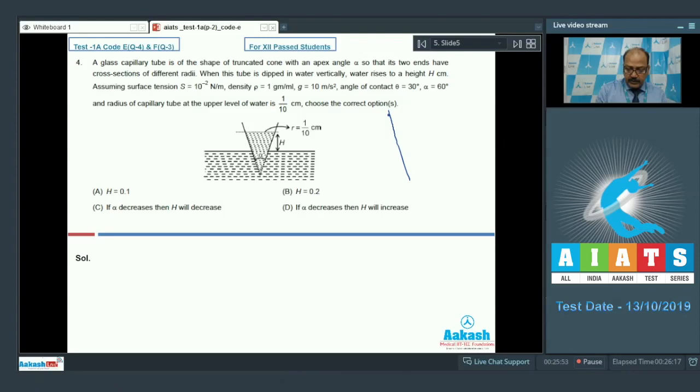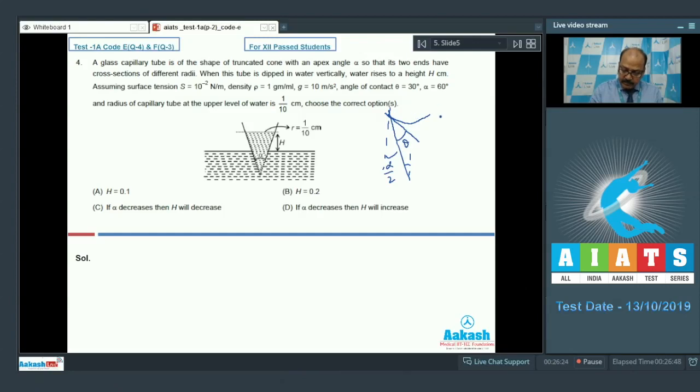The liquid surface is, let's say, something like this, and if I draw a tangent here, this is the angle of contact theta, whose value is given as 30 degree. Let's say the vertical line is like this, and this angle and this angle are equal, they will both be equal to alpha by 2. That means they are alpha by 2, which is 30 degree.